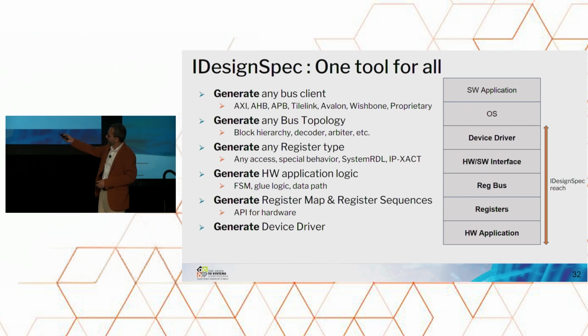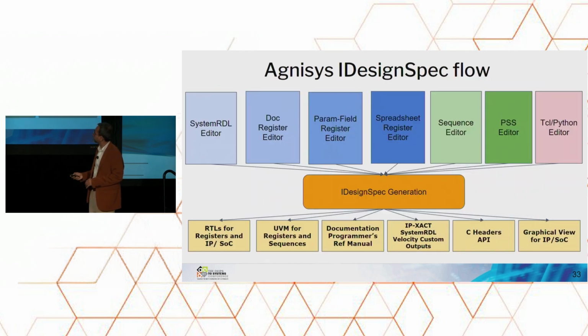So creating that device driver, you capture it in one place and then everything kind of falls out. Of course, these are building blocks. It's not going to create everything for all the details of the device driver, but it gives you the building blocks for creating the device driver.